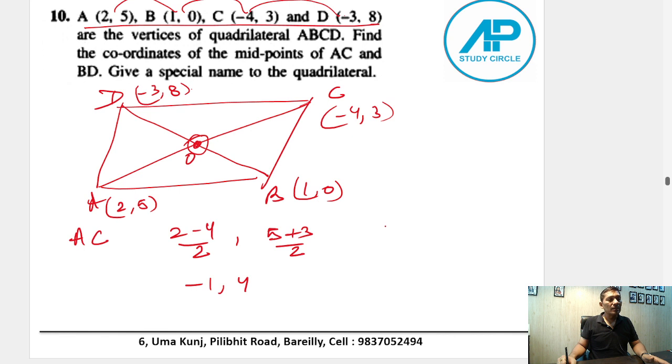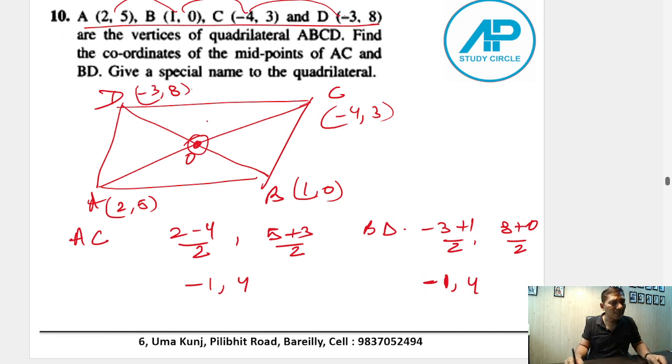Let us find it once again, this time from BD: (minus 3 plus 1)/2 and (8 plus 0)/2, which is minus 2/2 comma 4, that is minus 1 comma 4.